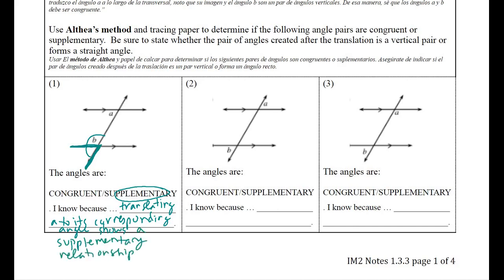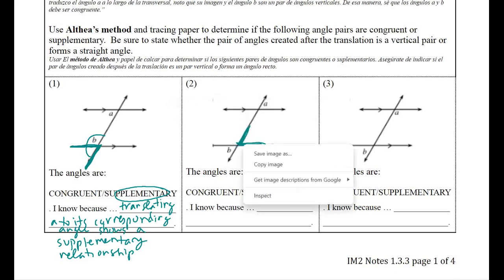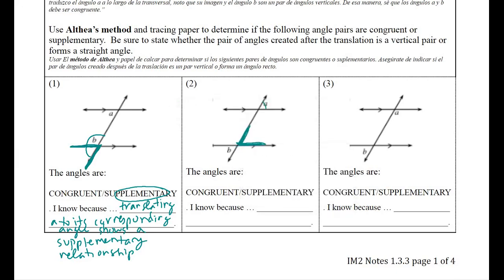Number 2, I'm going to start with A, and then I'm going to translate it to its corresponding angle. And that corresponding angle is vertical to B, so these angles will be congruent.